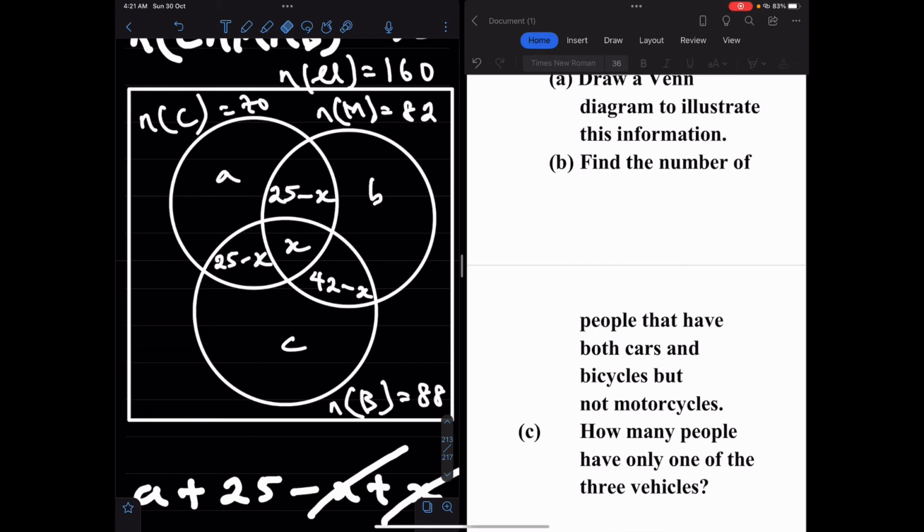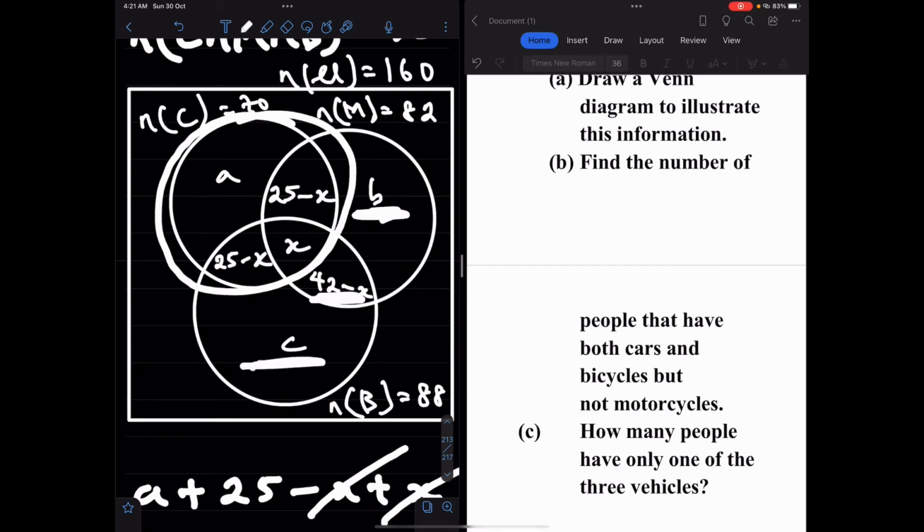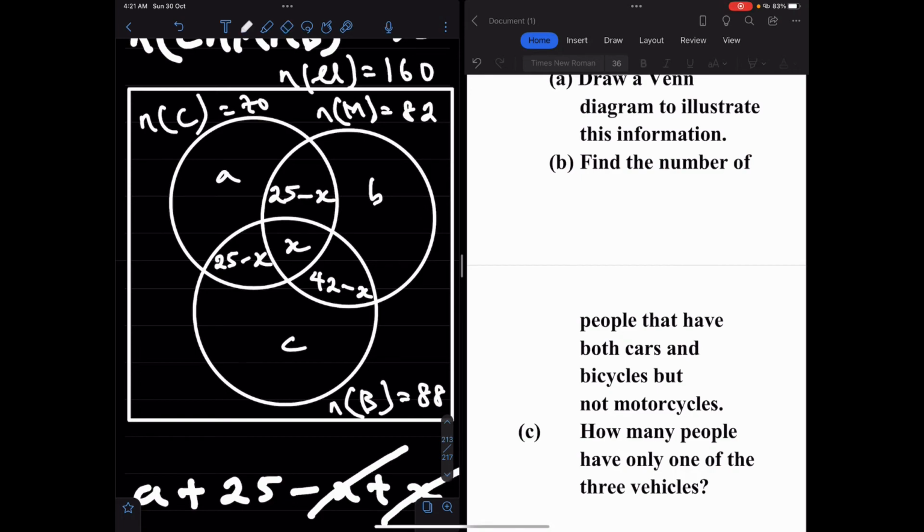To do that, add everything inside the first circle together and then write the ones outside, b, 42 minus x and c, and then you equate to 160 so that you don't write any of the numbers twice.